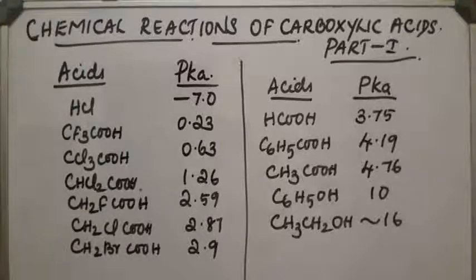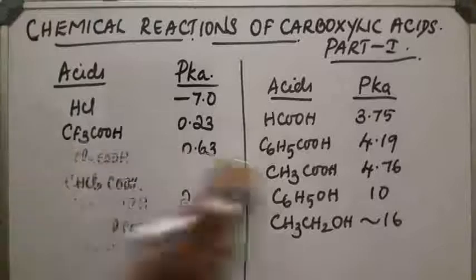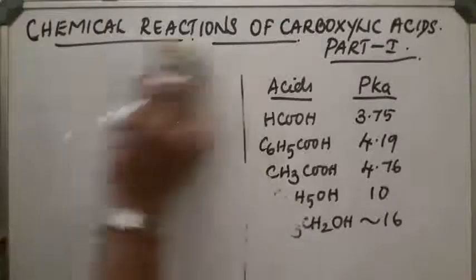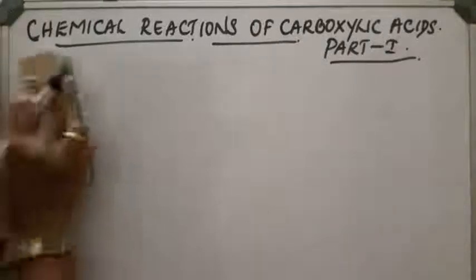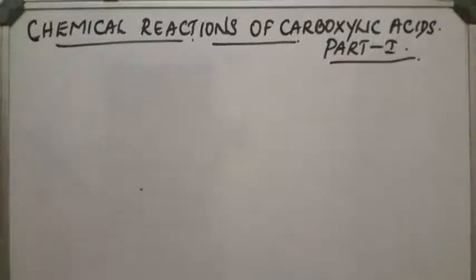Next, we can explain the acidic character of carboxylic acid by the formation of the carboxylate ion. The reason for the acidity of carboxylic acid is the formation of the carboxylate ion, which is highly resonance stabilized. With a base, the carboxylic acid forms the carboxylate ion.